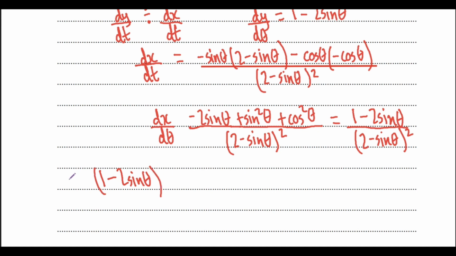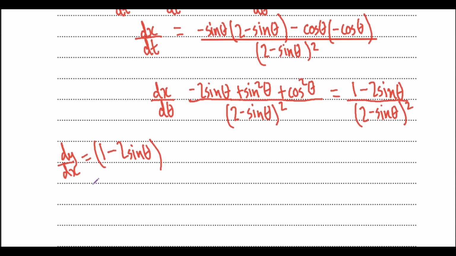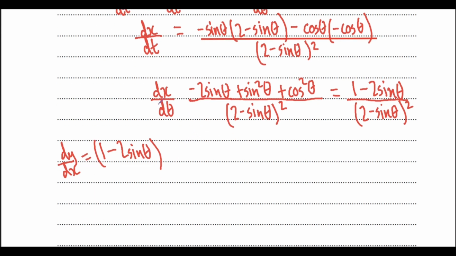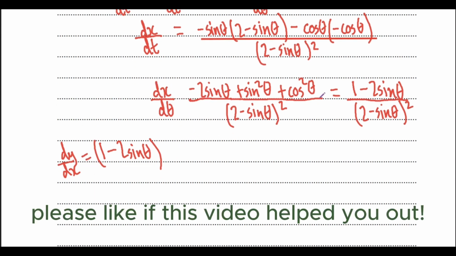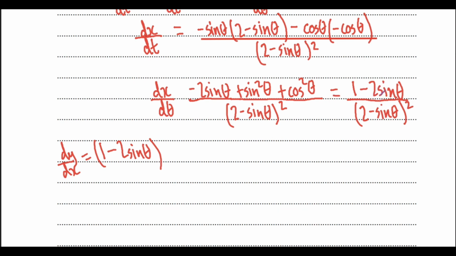And you're dividing it by, this is dy by dx now. So you have dy by d theta divided by dx by d theta. So if you're dividing by this right here, then you would do the reciprocal of this and multiply it. So you'd end up getting times 2 minus sine theta all squared divided by 1 minus 2 sine theta.